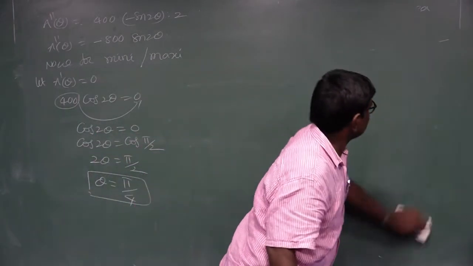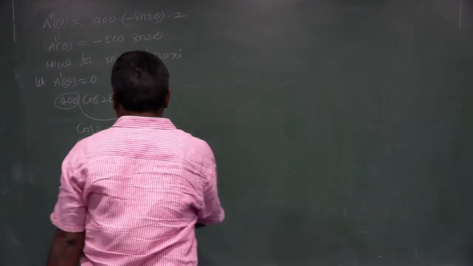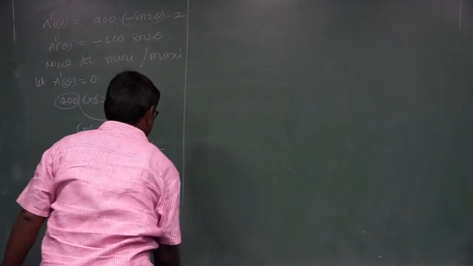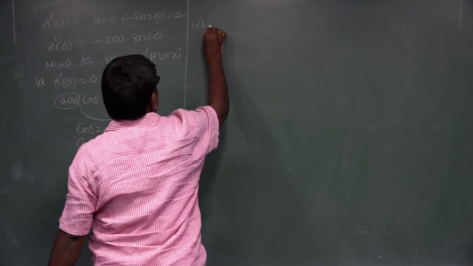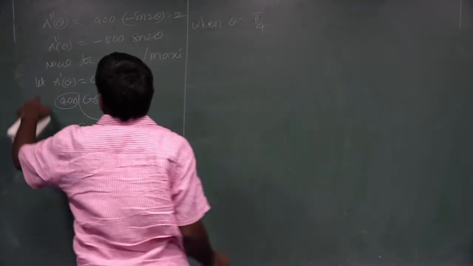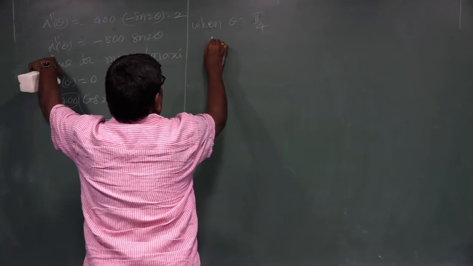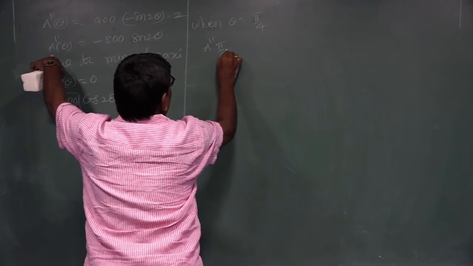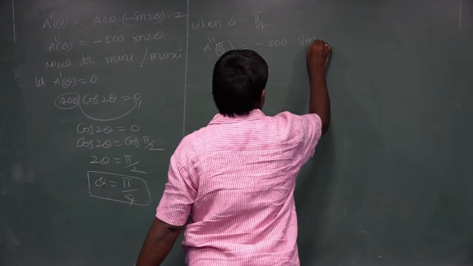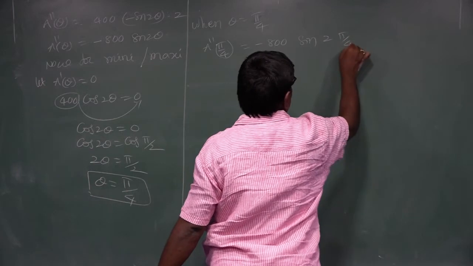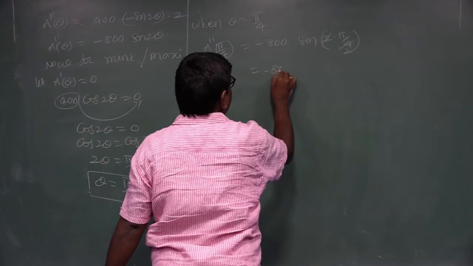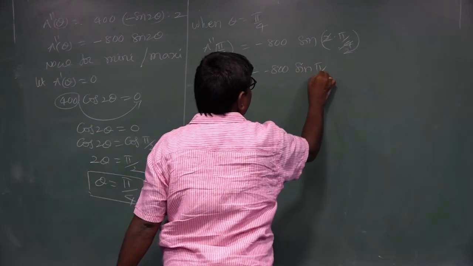Now, theta equal to pi by 4. When theta equal to pi by 4, substitution: A double dash of pi by 4 equal to minus 800 sin of 2 into pi by 4, equal to minus 800 into sin of pi by 2.